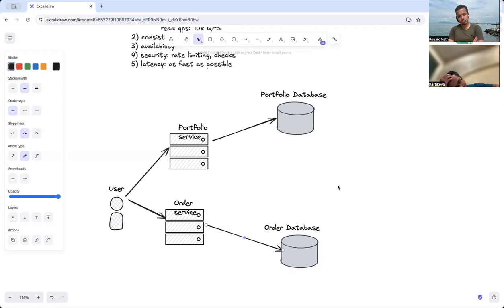From the exchange, earlier when we talked about the exchange design, we discussed multiple failure scenarios. One of them was that the user doesn't have enough balance in their account.